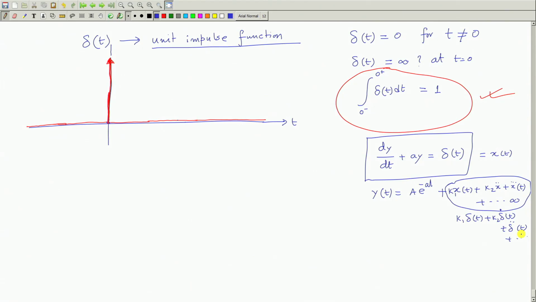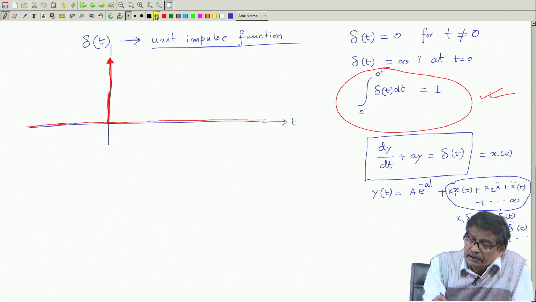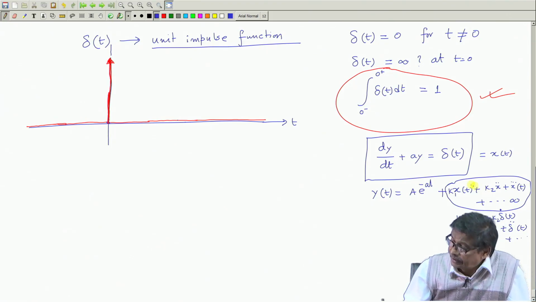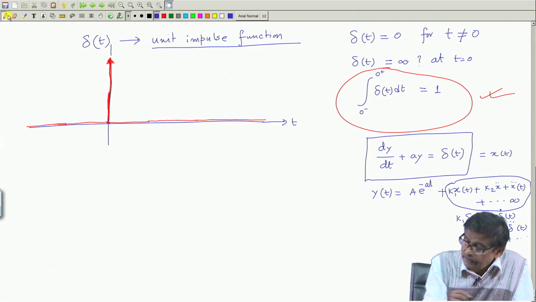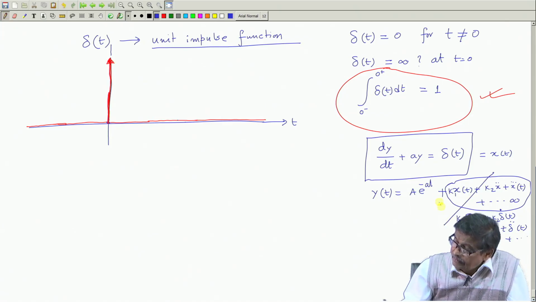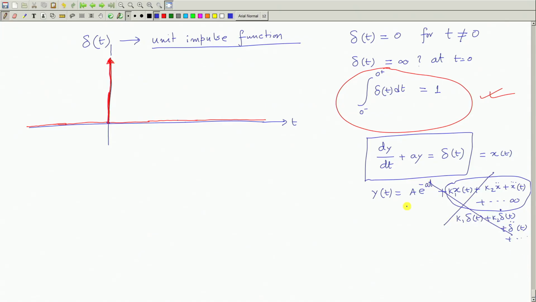So, we have to find the solution with an open mind, and I will be doing it in this fashion. Therefore, this is not correct here. The solution we do not know. So, y t, this part of course will be there.